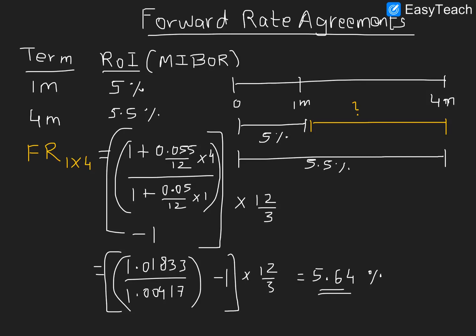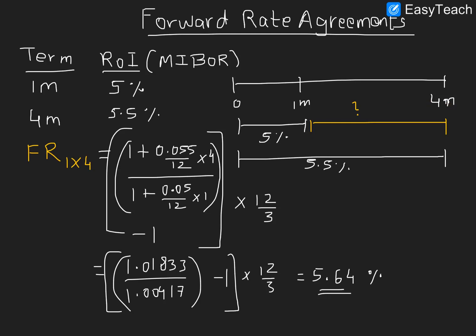Now suppose I go to the banker, or another banker enters into the market. I ask for a loan from the banker, not today but after 1 month from now. My loan will start after 1 month, and I say that I want to repay it after 4 months from now.